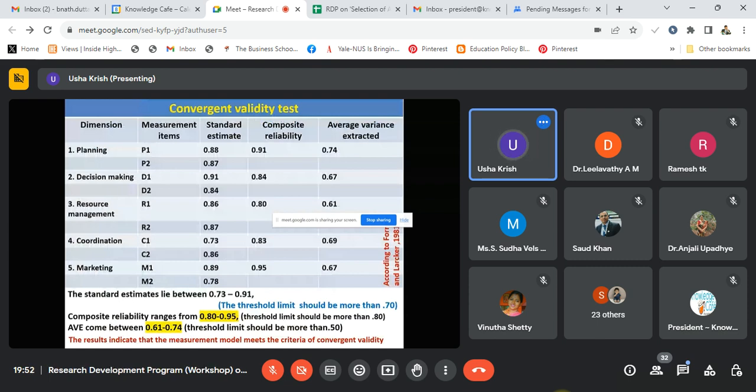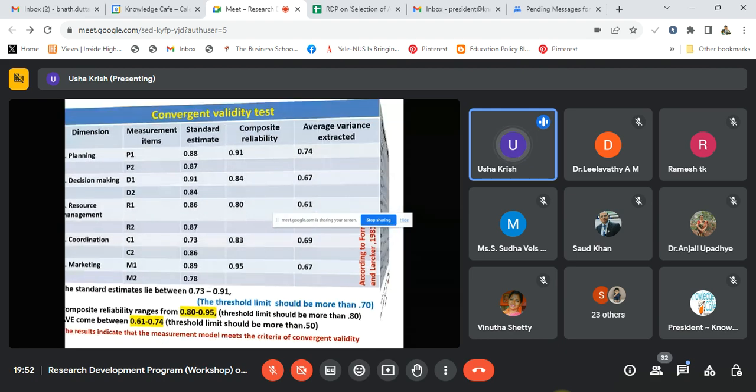According to Fornell and Larcker, standard estimate values should be more than 0.70. Then composite reliability values should be more than 0.80. Average variance extracted values should be more than 0.50. Only then is the convergent validity test said to be fulfilled. So this we have to keep in mind.